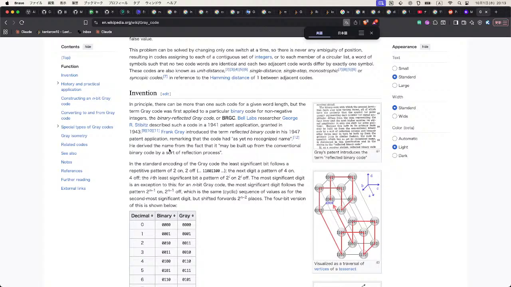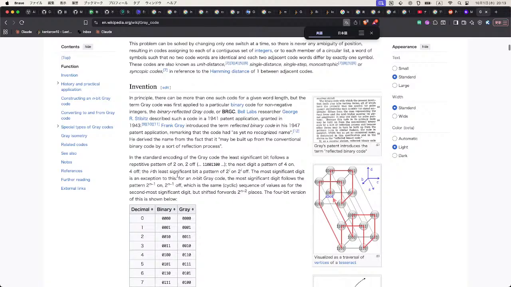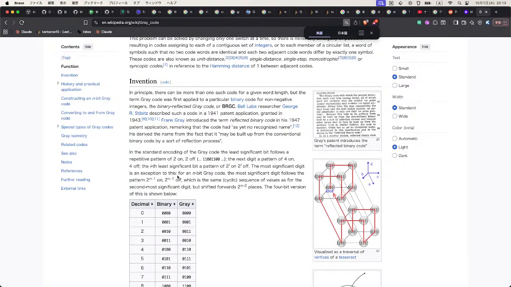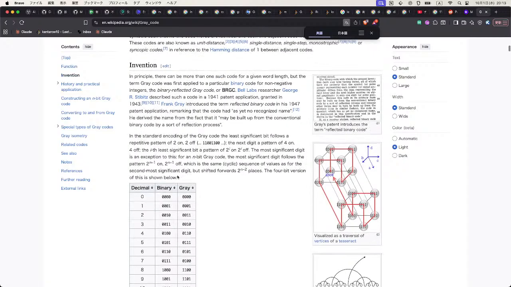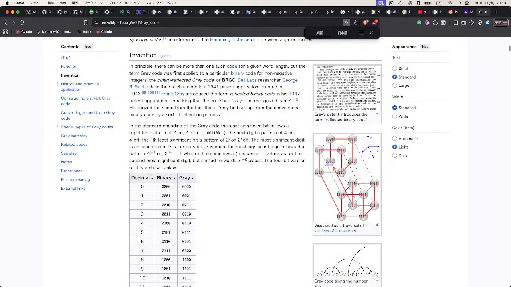He derived the name from the fact that it may be built up from the conventional binary code by a sort of reflection process. In the standard encoding of gray code, the least significant bit follows the repetitive pattern of 2 on 2. The next digit a pattern of 4 on 4.